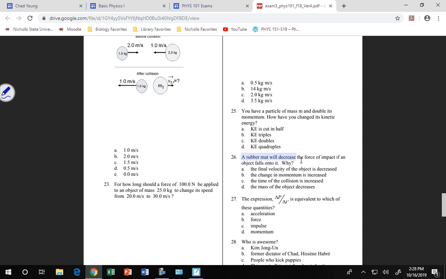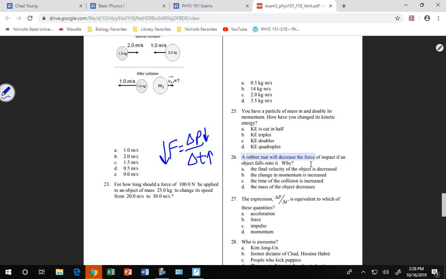Let's see. A rubber mat will decrease the force of impact if an object falls onto it. Why is that? We talked about this. This is the same as the idea of the bumper on the car. The bumper collapses, but why does that decrease the force? F is equal to delta P over delta T. If I want to make that force go down, I can make either this go down or this go up. But if you're in an accident, it's hard to make this go down.